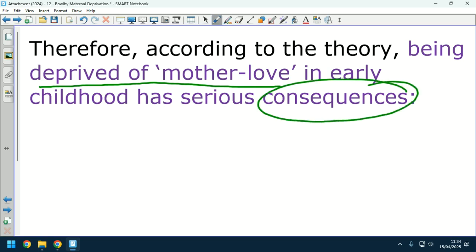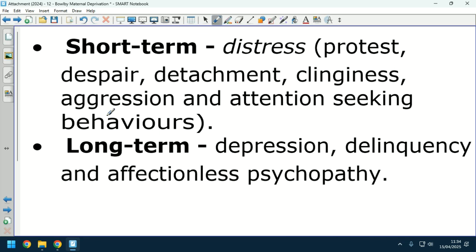The consequences are quite clear to him: there are going to be short-term consequences. These are seen as distress, and he worked previously with Robertson on the PDD model: protest, despair, detachment. But we also see the idea that there could be clinginess, aggression, and attention-seeking behavior from children who are deprived of their mother's love. In terms of long-term deprivation, he talks about depression, delinquency, and this thing called affectionless psychopathy.